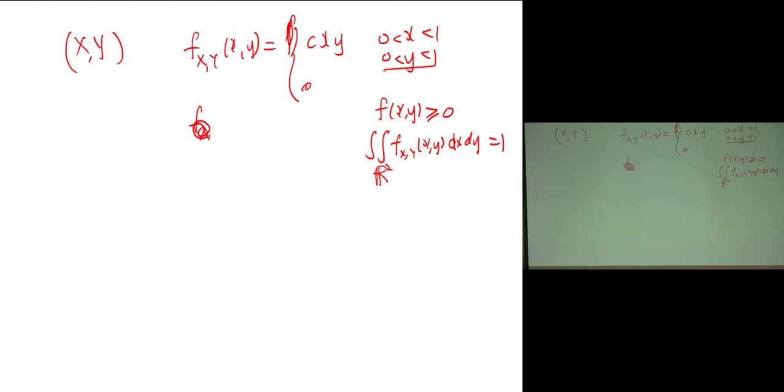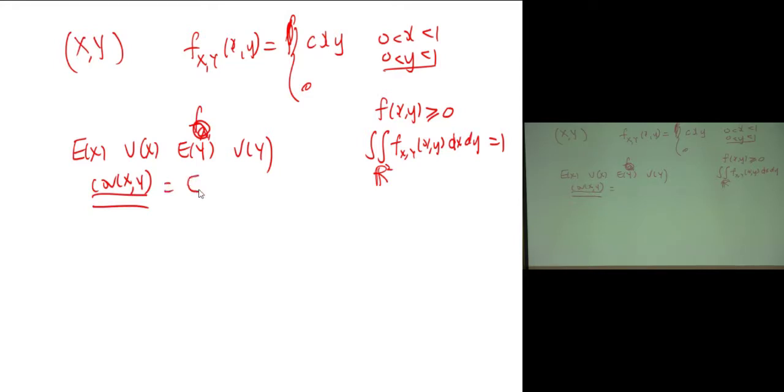So you can compute the expectation of x, variance of x, expectation of y, variance of y. In addition, we have what is called the covariance of x, y, which measures jointly how x and y behave.